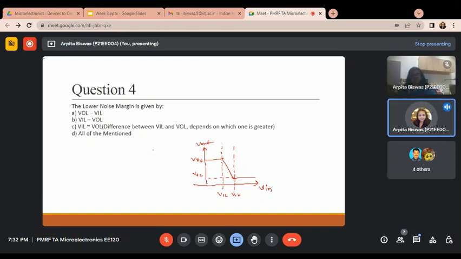Now tell me which portion is noise margin high and noise margin low. We know that noise margin high is equal to V output high minus V input high, and noise margin low is V input low minus V output low. Now tell me which portion is noise margin high or noise margin low in this graph? Which area is defined as noise margin high and noise margin low?